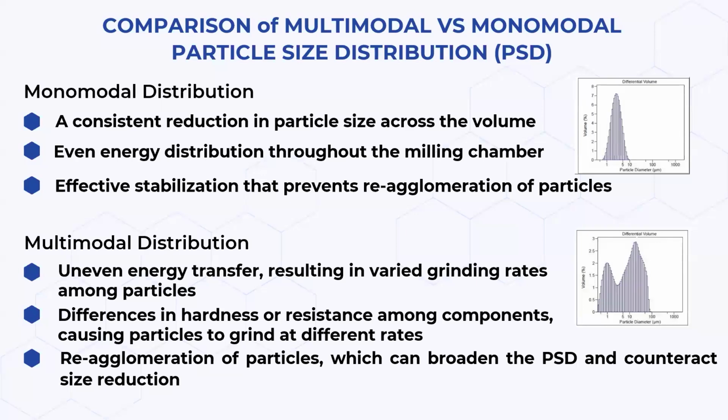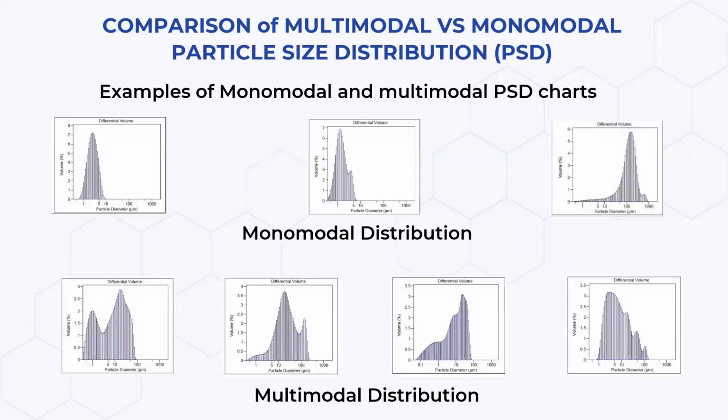This occurs due to uneven energy transfer, causing varied grinding rates, differences in component hardness or resistance, and reagglomeration, which broadens the particle size distribution. On this slide, you can see some examples of charts comparing monomodal and multimodal PSD. The top row shows narrow and uniform PSD.